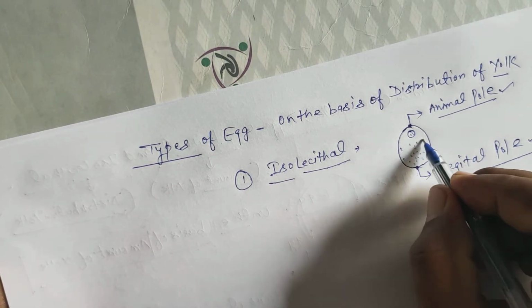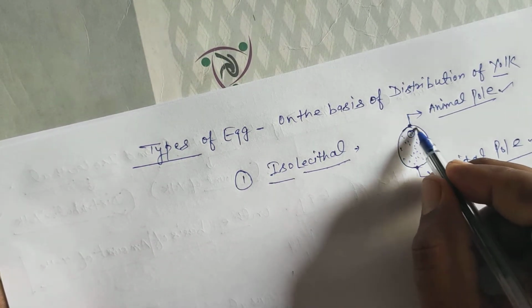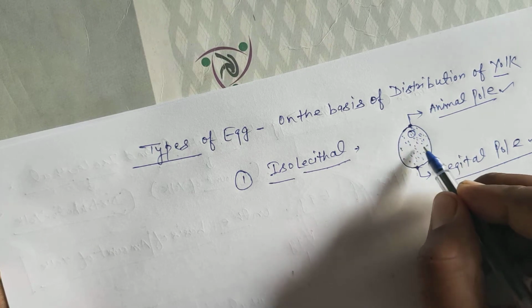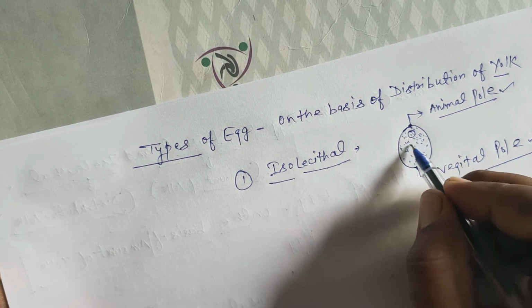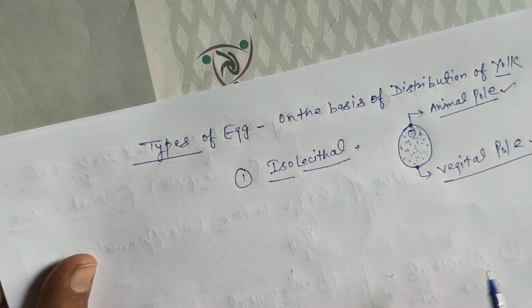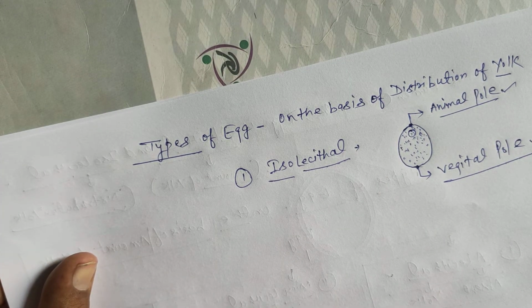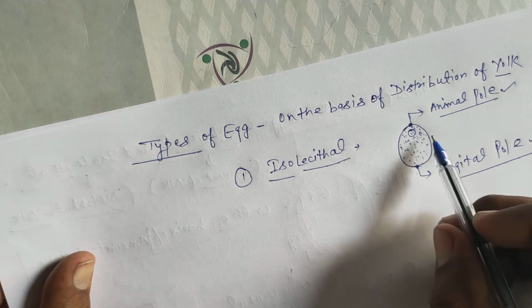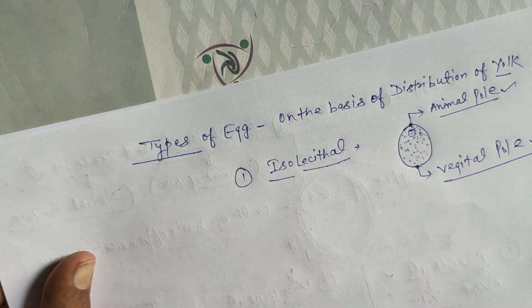But human's ovum, yolk distributes in the whole egg. Once again, in the human egg, yolk distributes in the whole egg.